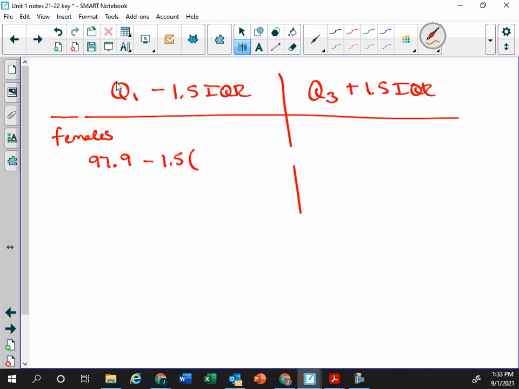So Q3 for the female group was 98.8 minus that 97.9. So if you have your calculator, go ahead and pull that out for me. And just tell me, what is this? I don't have my calculator here, so I'm trusting you guys. 96.55, what do you think? You guys agree? 96.55, okay.